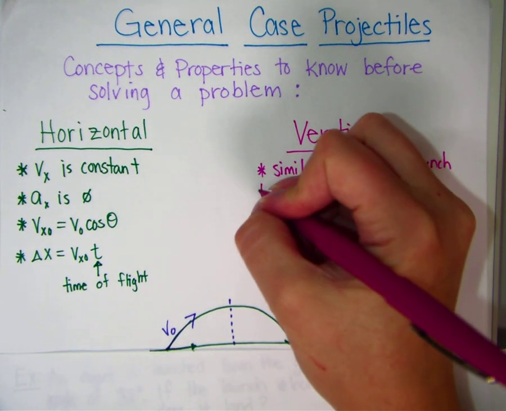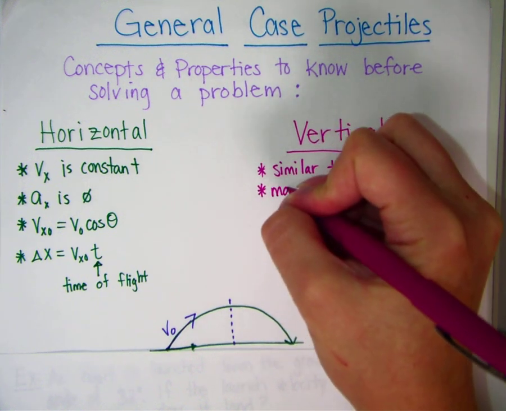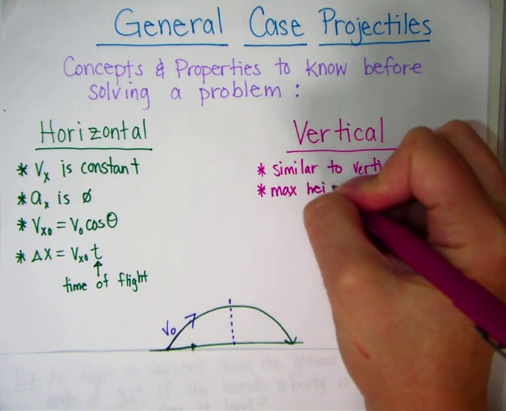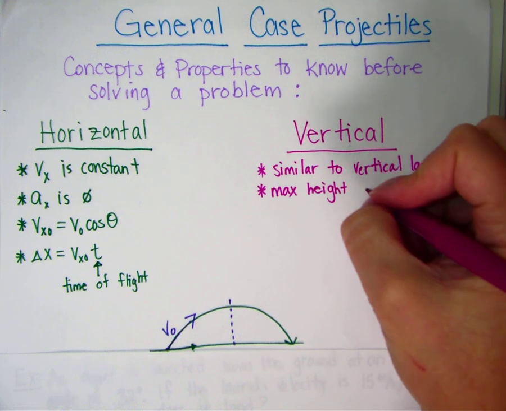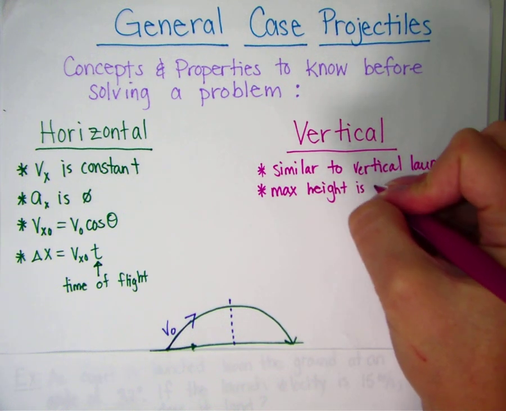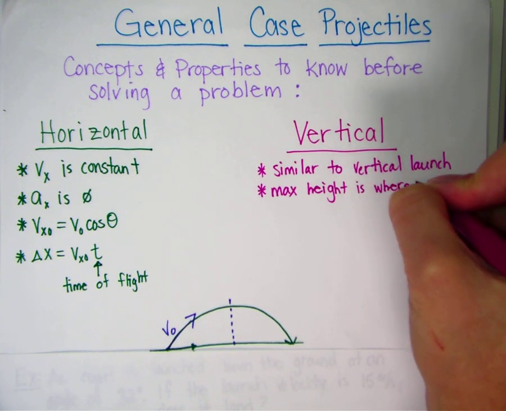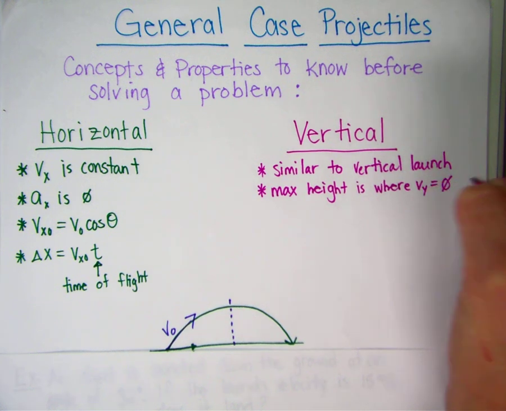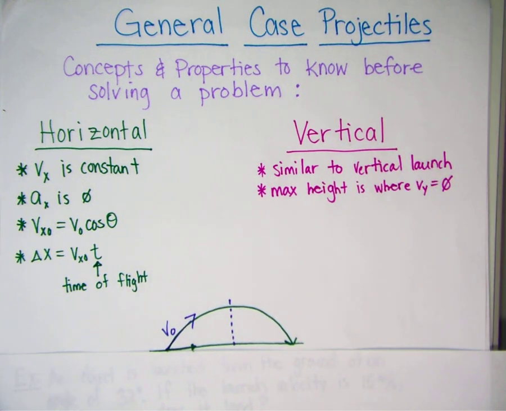So your max height is where the object stops. Okay, that's what it means when Vy is 0. The velocity in the vertical direction at the maximum height is 0.